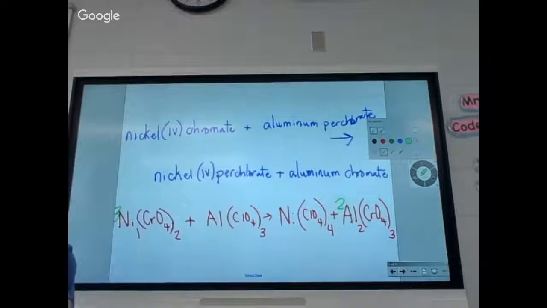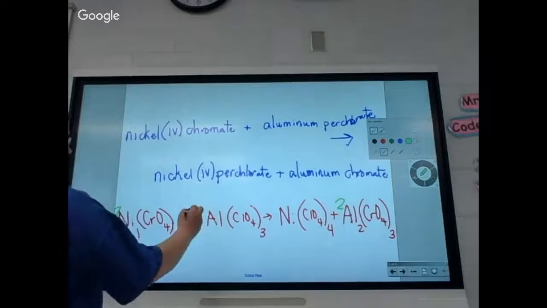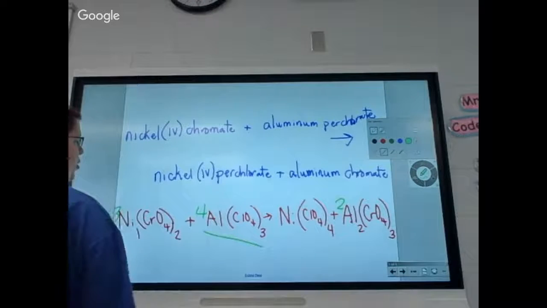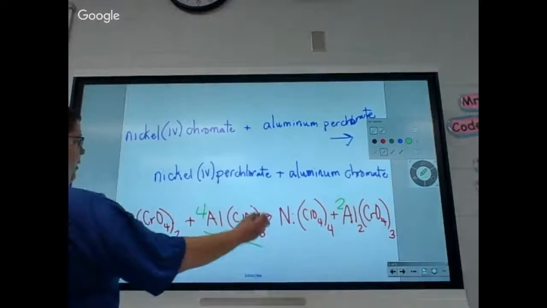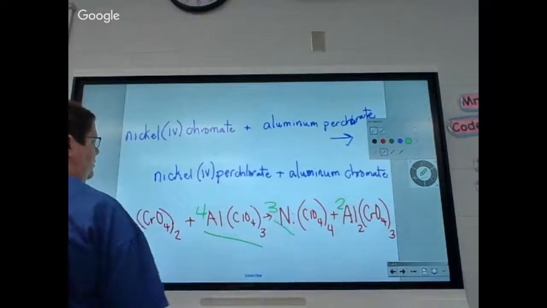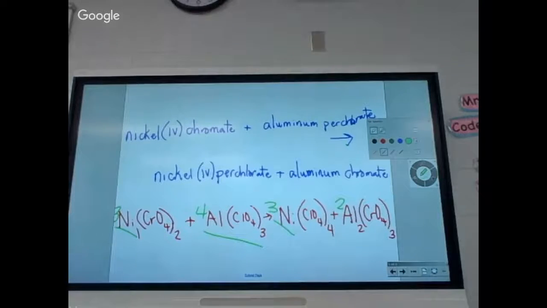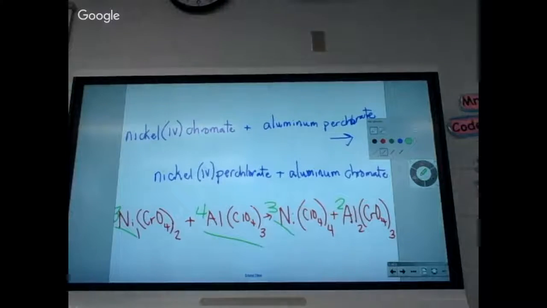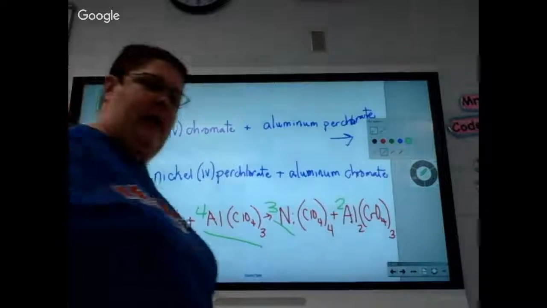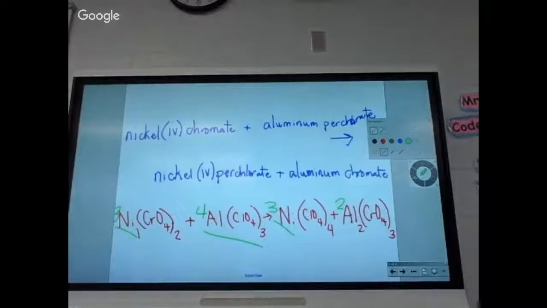All right, how many aluminums did you make? So put a 4 there. How many perchlorates? So what am I going to put here? How many nickels? Questions? Now, one thing you will notice is if you write it wrong, what will happen? It won't balance.